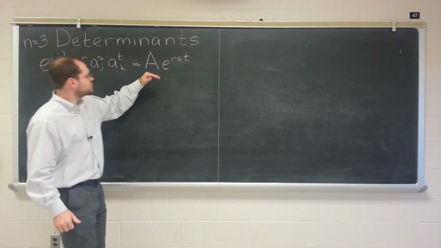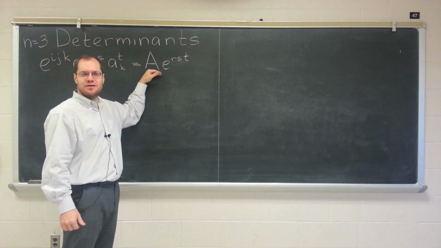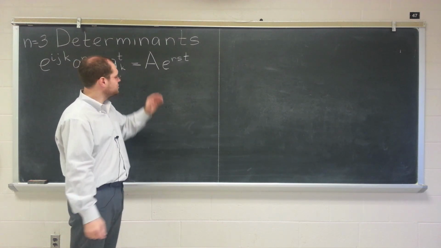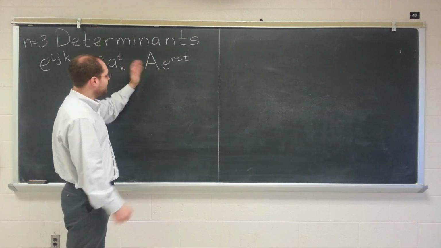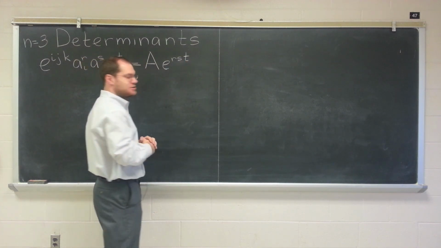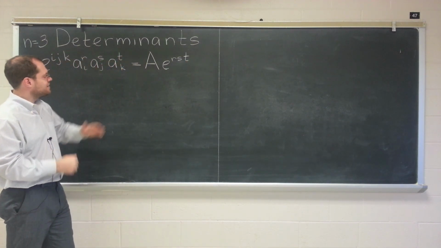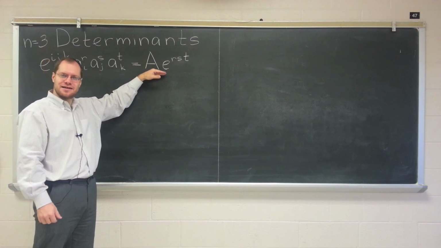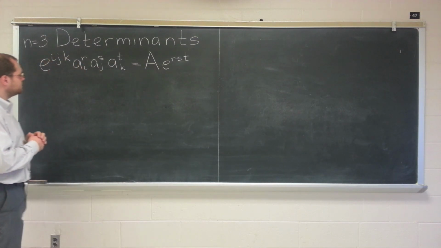Of course our goal is to have an explicit expression for the determinant A. So we want A equals something, which we don't quite have here. A is engaged in some combination on the right-hand side. In fact, this equation captures 27 identities, quite intense, I would say.